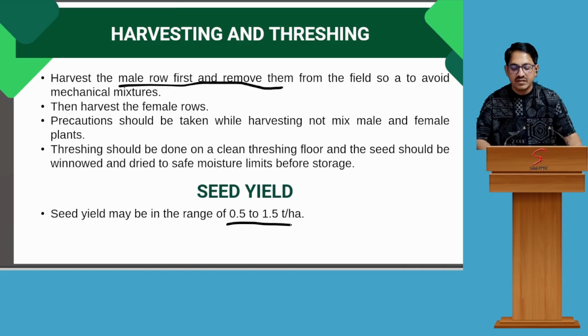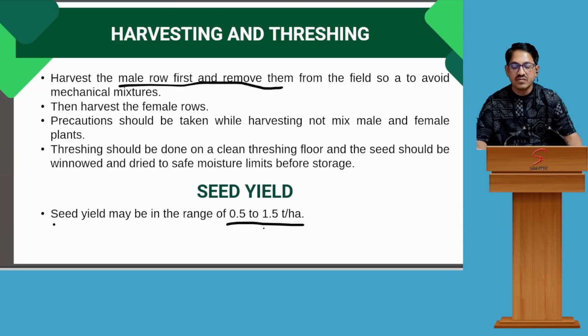Friends, you can see here how much seed yield is produced in case of hybrid seed. It is only in between 0.5 to 1.5 ton per hectare. But it was very high in varietal seed production, 5 to 6 tons per hectare. Why is this so less?